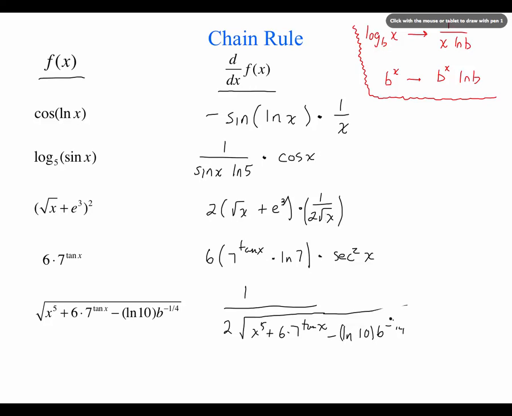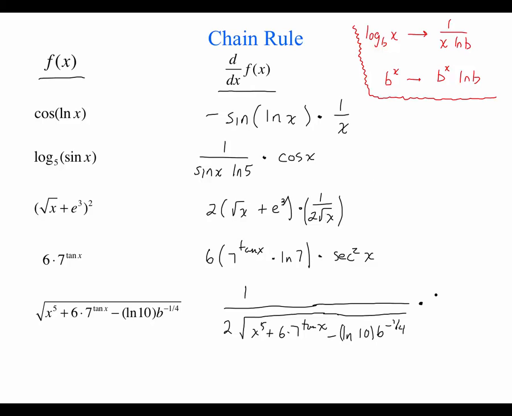Okay, so what is that? That is the rate of change of the square root of this thing with respect to that thing. Okay, now times what? Times the derivative of that thing.